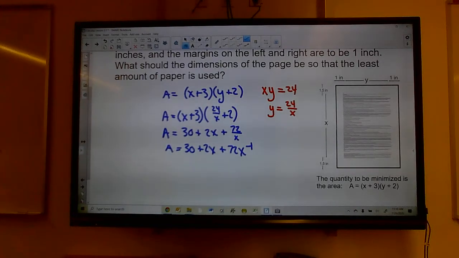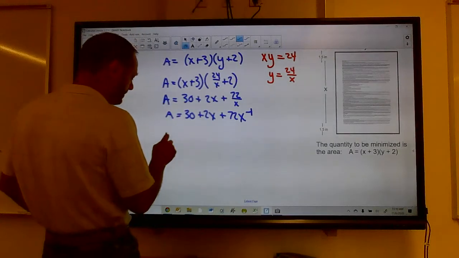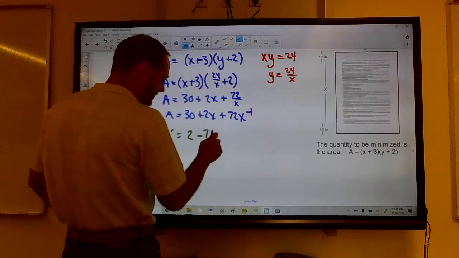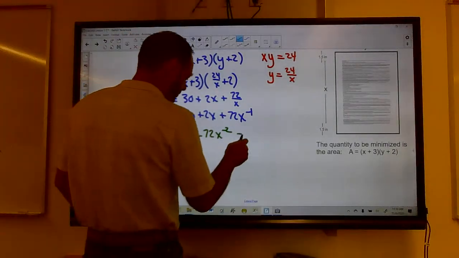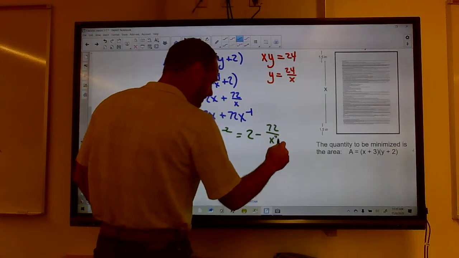Because since we want to minimize the area of that, we're going to take the derivative of A. So the derivative A prime is going to be 2 minus 72x to the negative 2 power, which will be 2 minus 72 over x squared.